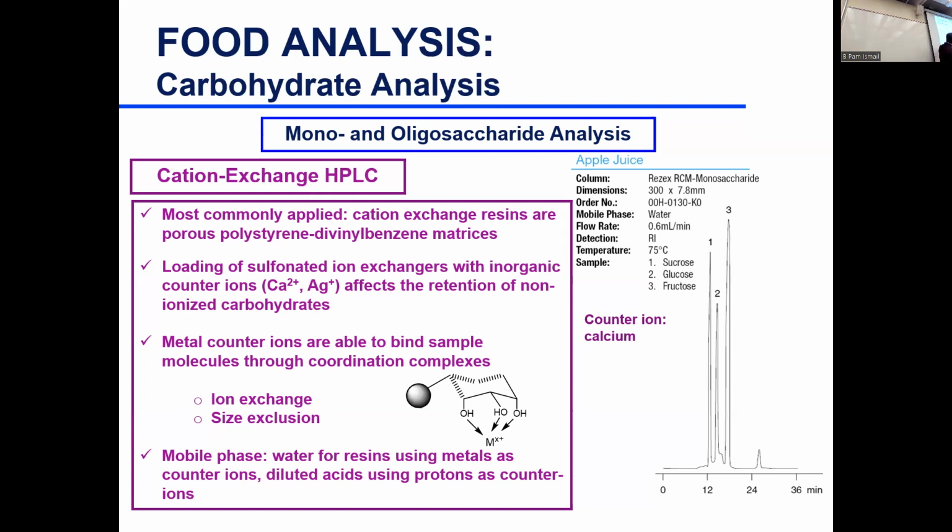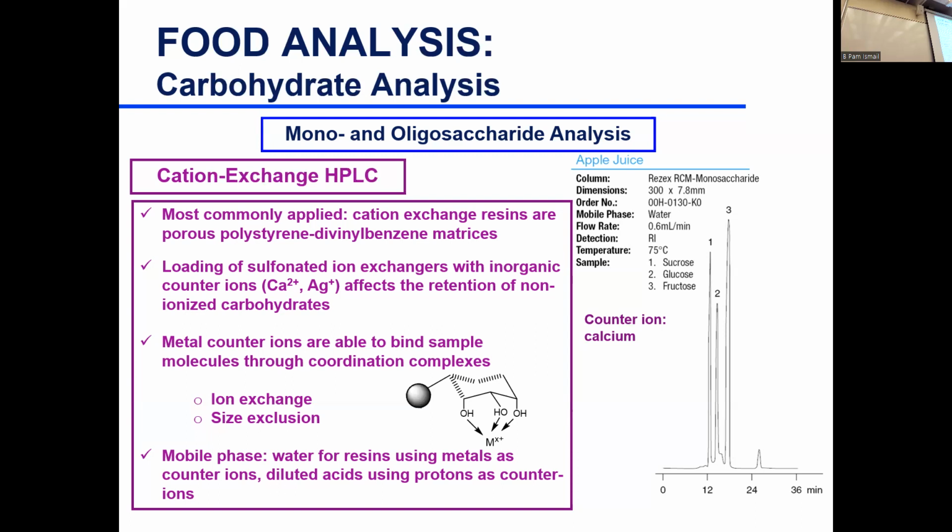But in this particular case, separation is happening by ion exchange and size exclusion at the same time. Based on the size, the bigger they are, the faster they leave the column, because you have the element of size exclusion as well. In size exclusion, bigger molecules move first. So here we have a combination of size exclusion and ion exchange with the counter ions.